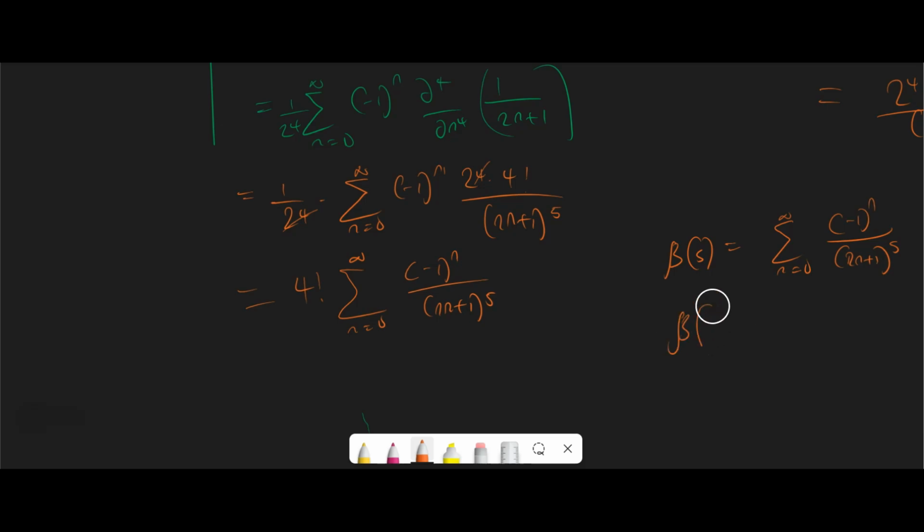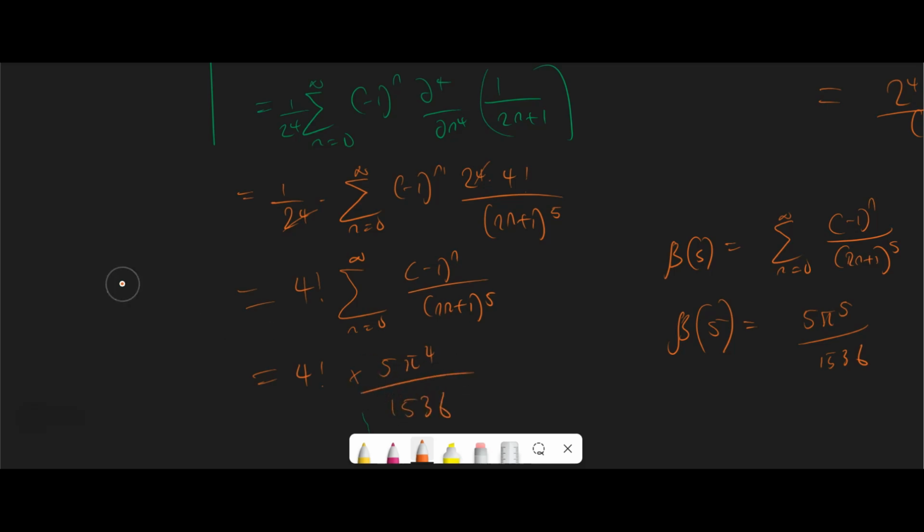Now, beta of 5 is equal to, if you check with Mathematica, 5 pi to the 5th power, all divided by 1536. So in this case, this is equal to 4 factorial multiplied by 5 pi to the 5th power, all divided by 1536.